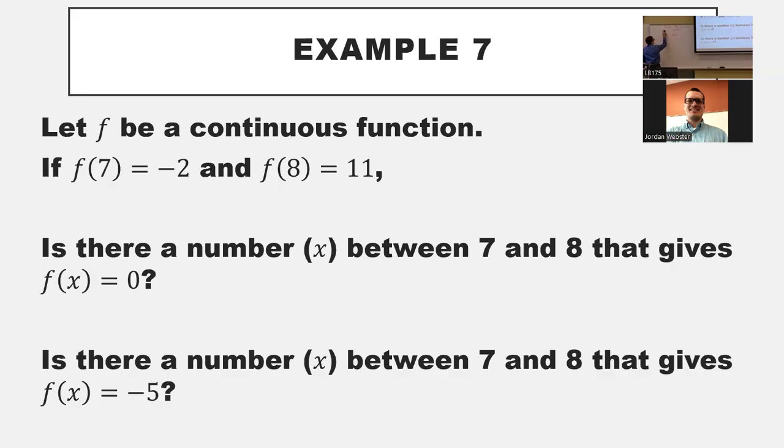Try this one on your own. You can think of this as the same function. You can think of this as a different function. F of 7 is -2. F of 8 is 11.